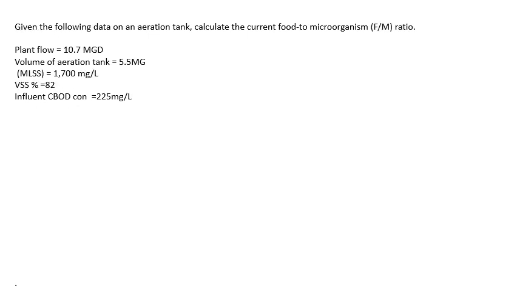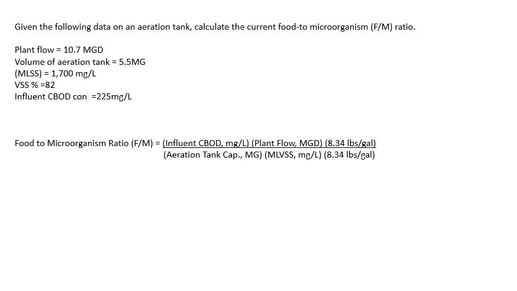Given the following data on an aeration tank, calculate the current food to microorganism ratio. So you have a plant flow of 10.7 million gallons a day, the volume of an aeration tank of 5.5 million gallons, an MLSS of 1,700 milligrams per liter, a VSS percentage of 82, and the influent CBOD of 225 milligrams per liter concentration.